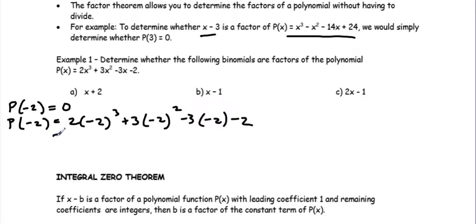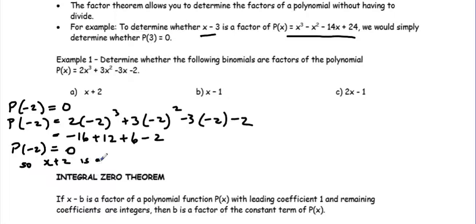And when I determine that, that's negative 16, that's 12, that's 6 minus 2. So this is 18, minus 2 is 16, minus 16 is 0. P of negative 2 equals 0. So x plus 2 is a factor.